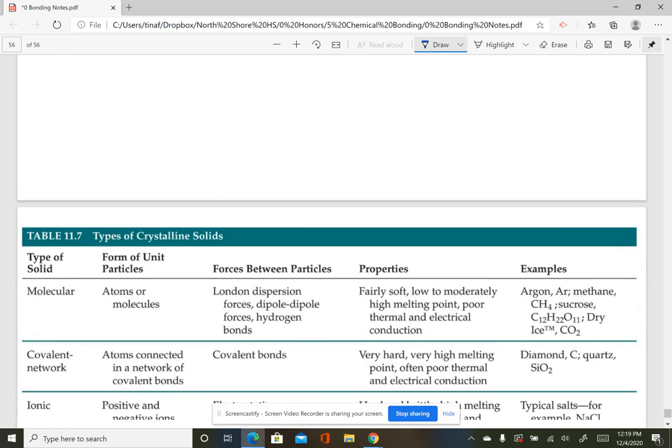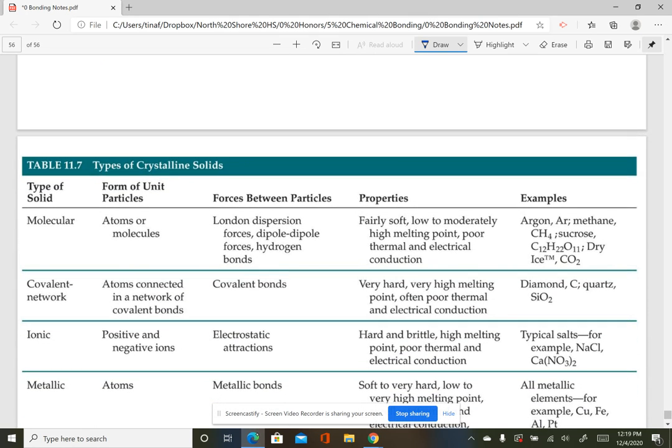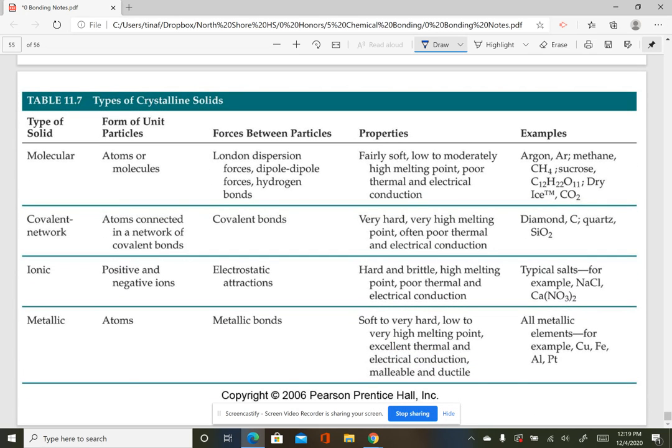Okay. So finally, guys, now that we've talked about network solids and metallic solids, we can summarize with this big giant chart that tells us the general properties of all these things. So let's talk about the type of solid first. When you see the word molecular, that's going to be your simple covalent compound.